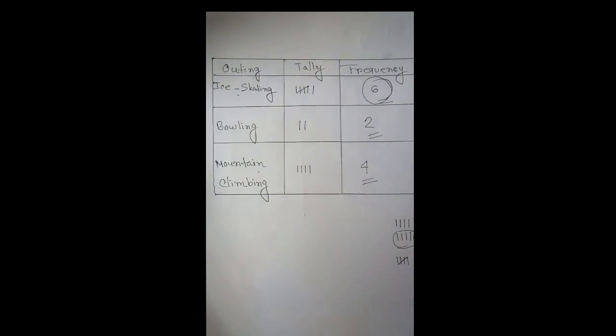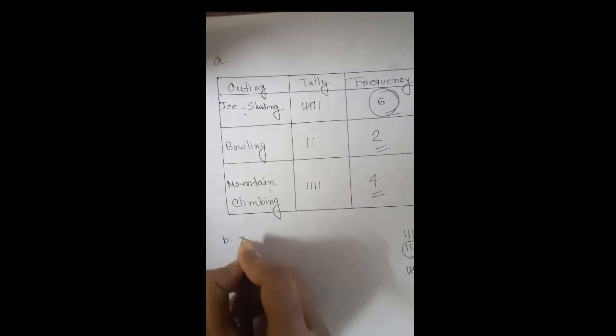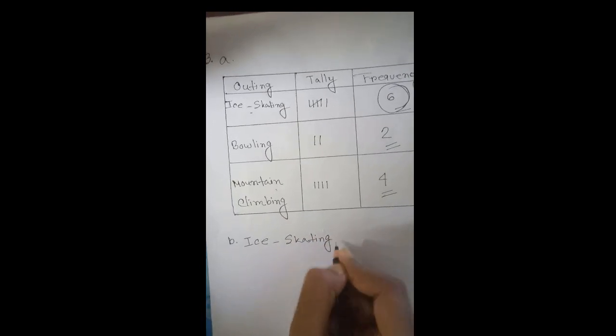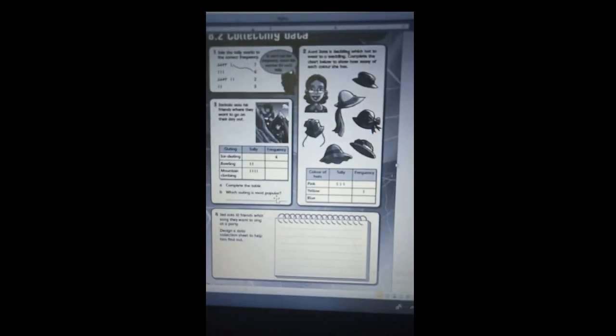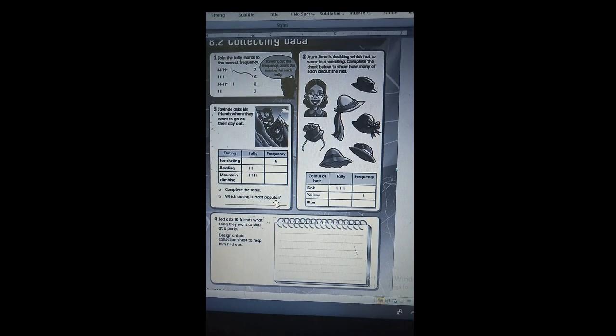So write down in your copy B is ice skating. Number 3 is also done. I hope you all understand. Thank you.